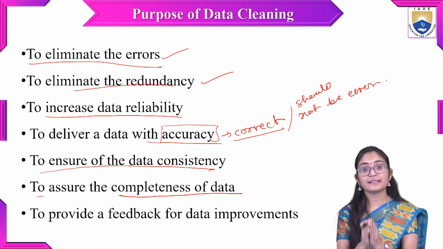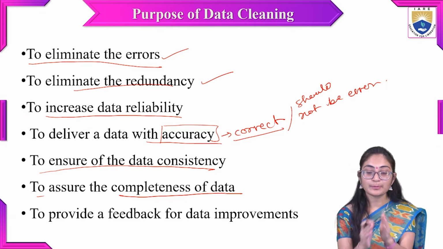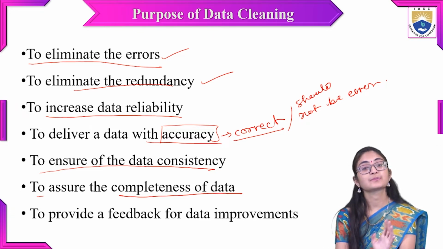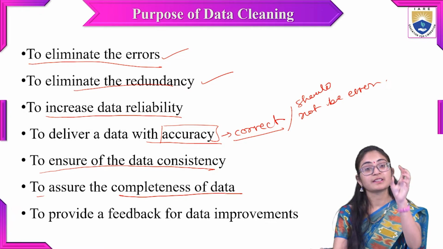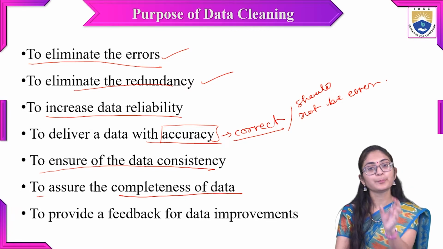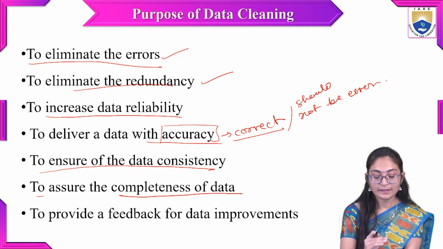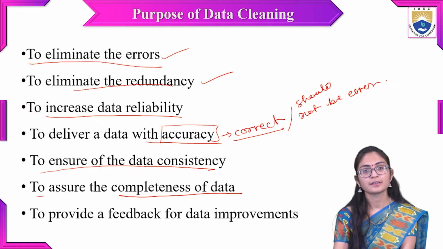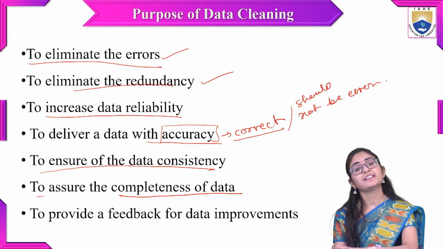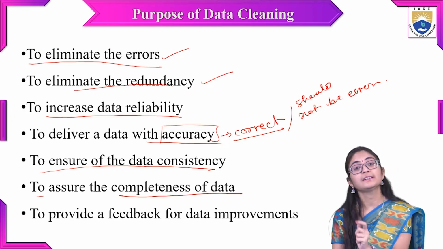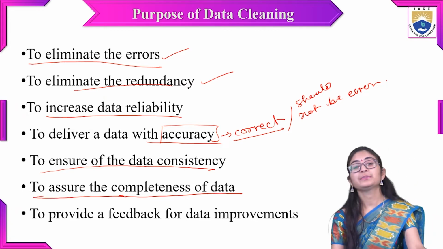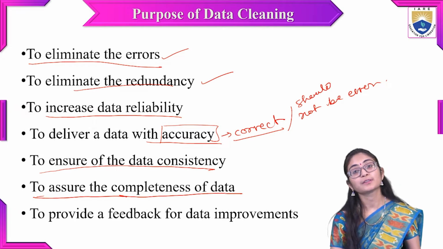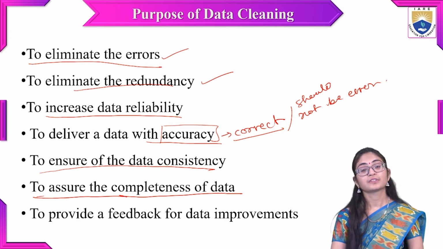If any table contains data, you have to check whether the table contains complete data or not. If there is a missing value or mismatching data, then you have to remove it and make that data totally complete.